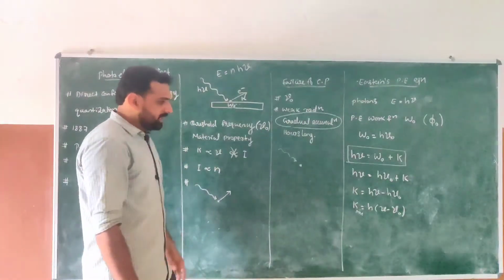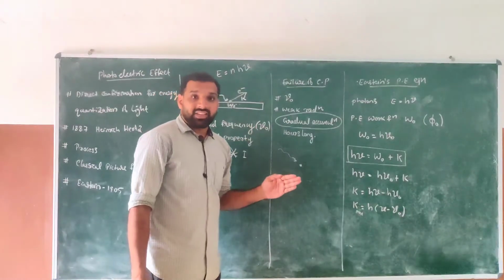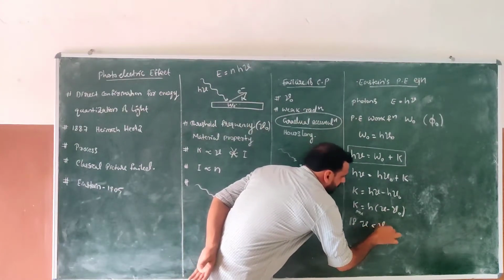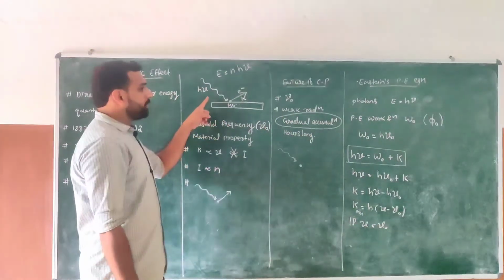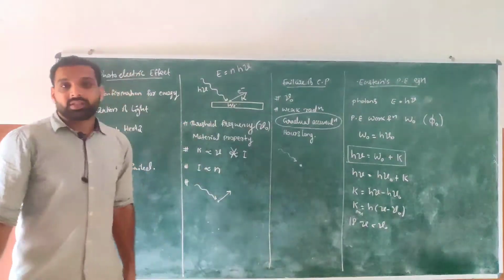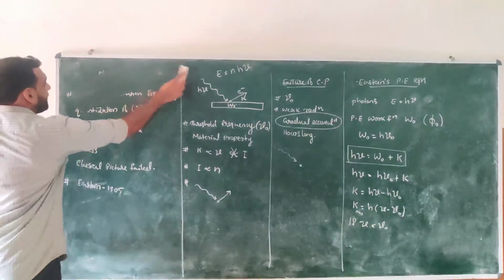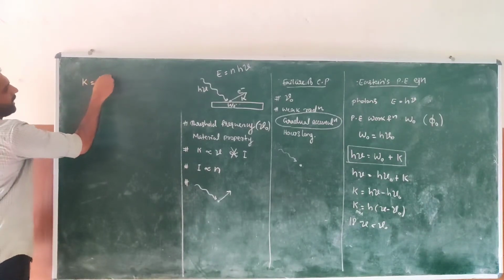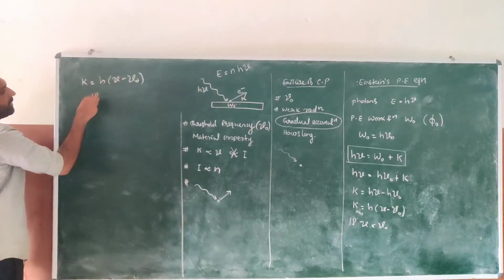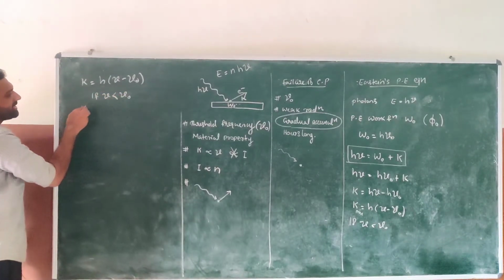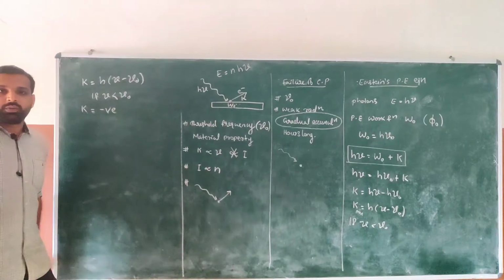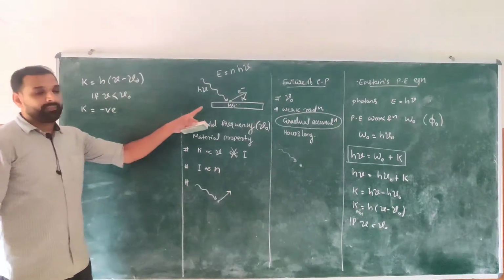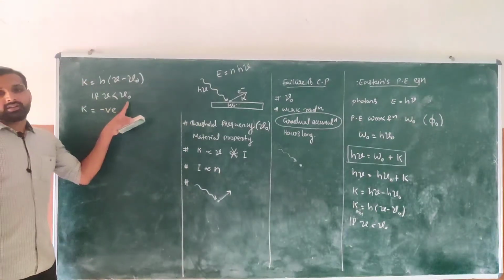Now if a radiation has a frequency less than the threshold frequency, that is nu is less than nu 0, then kinetic energy is h into (nu minus nu 0), which will have a negative value. This is not possible.